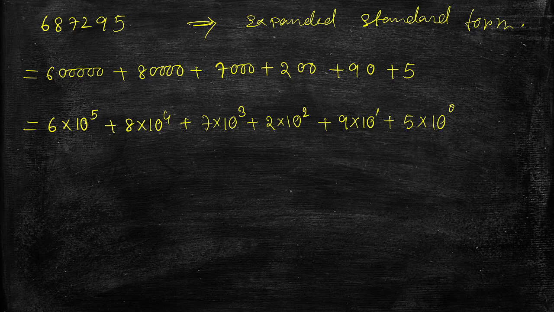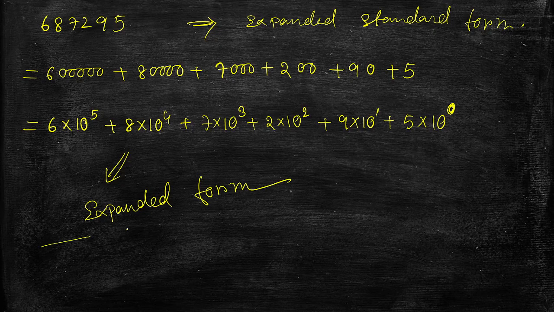There is no zero, that's why we are putting 0. This is the expanded form. I hope you understood this.